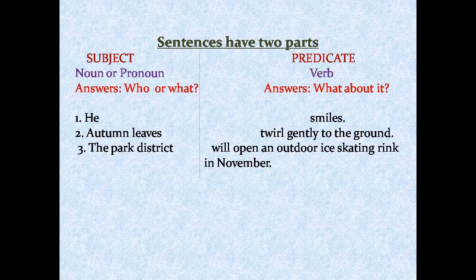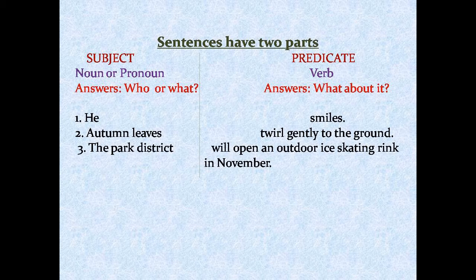The subject always answers who or what. That means if you apply the question who or what to the sentence, the answer that comes out will be your subject. While the predicate answers the question what about it.